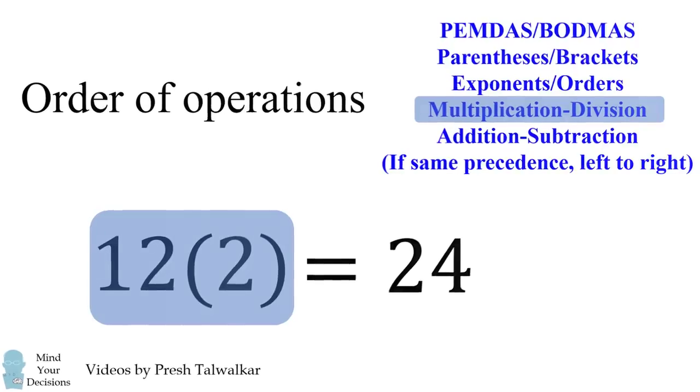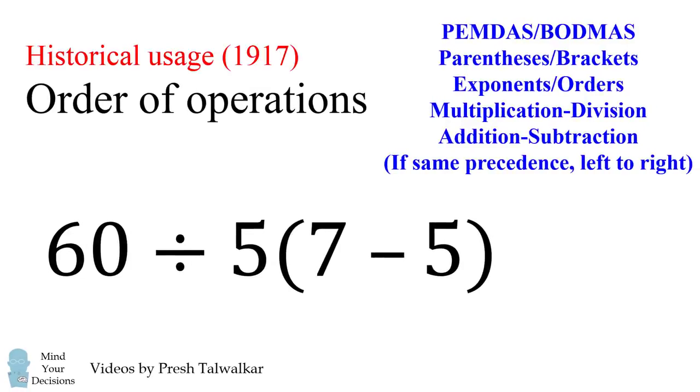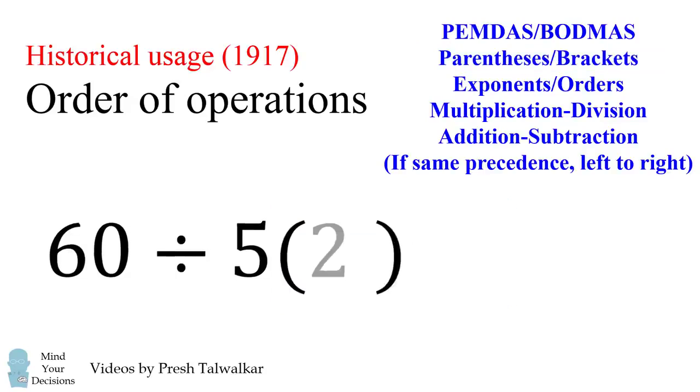But let's time travel for a bit. Well, historically, this division symbol had a special meaning when you wrote it in text. So let me go over this interpretation. We would still evaluate the parentheses first. 7 minus 5 is equal to 2. The question is what to do next.